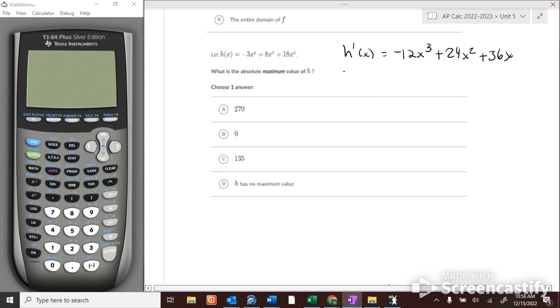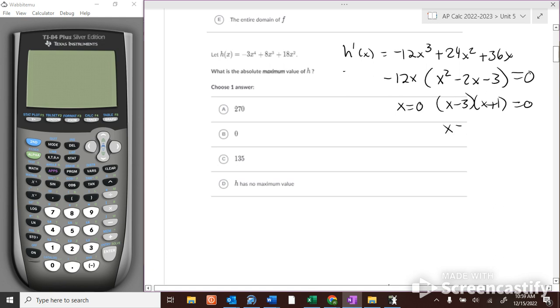If we factor out a negative 12x, we get x squared minus 2x minus 3. Set it equal to 0, so x equals 0, and then factor these two, x minus 3, x plus 1. So x equals 3 and x equals negative 1. Okay, so we know all those numbers.